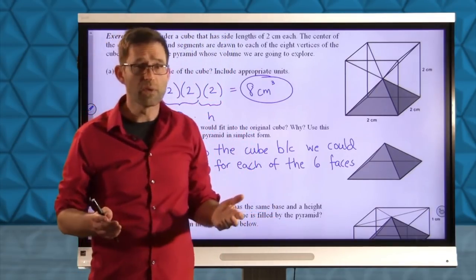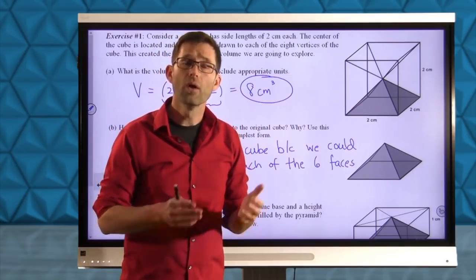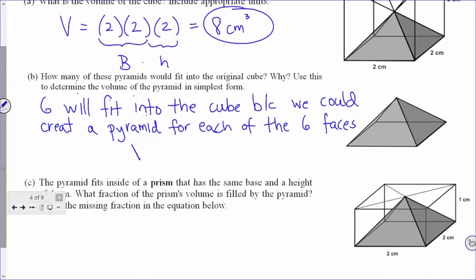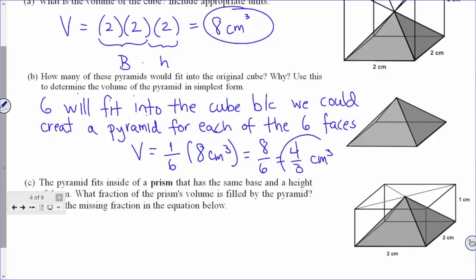Because that allows me to directly figure out what the volume of this particular pyramid is. The volume of that pyramid must be 1/6 of the volume of the overall cube. So that would be 8/6 or 4/3 cubic centimeters. All right?